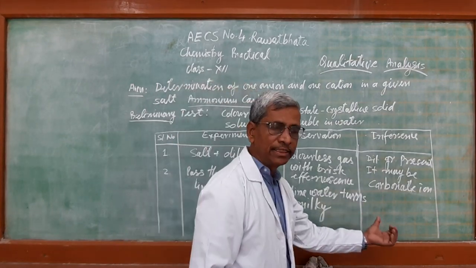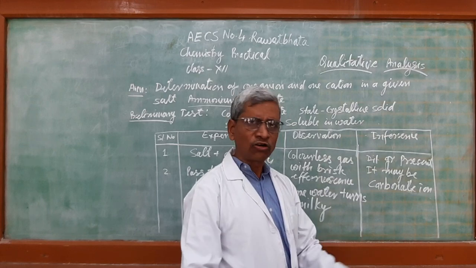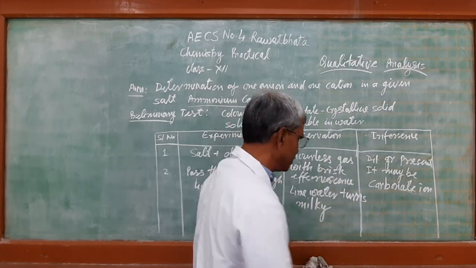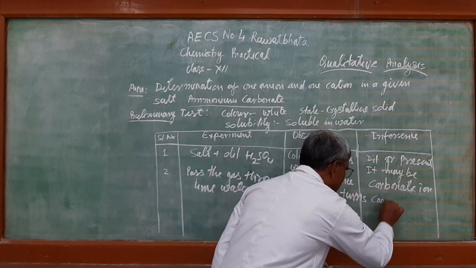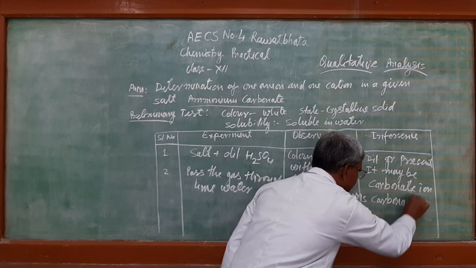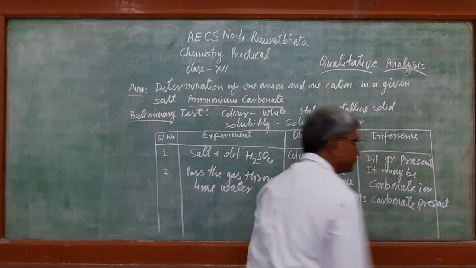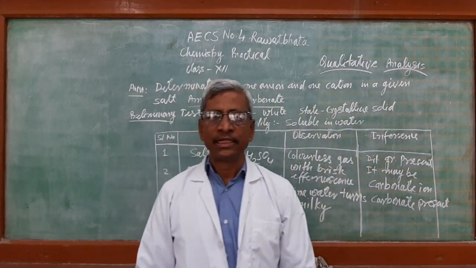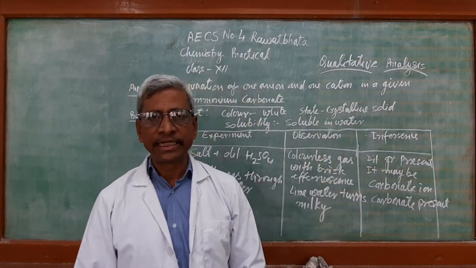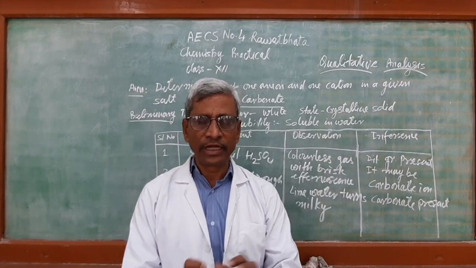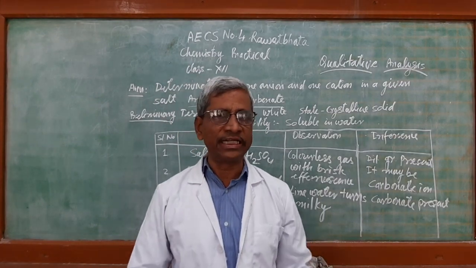And here we have to write carbonate present. We are not sure, but up to some extent we can say carbonate ion present. This is the second step. Up to some extent we are sure that carbonate is there.